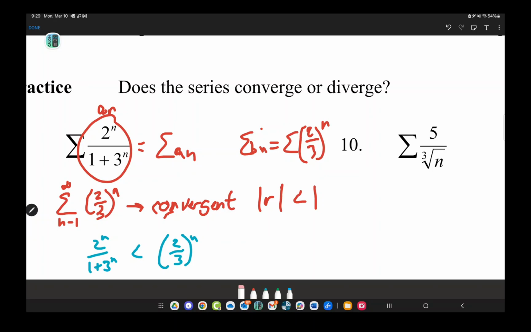No, it's still convergent. It follows that first rule: if bn is convergent, then an must also be convergent. Wait, are a and b switched around in the rule above? I switched them back.